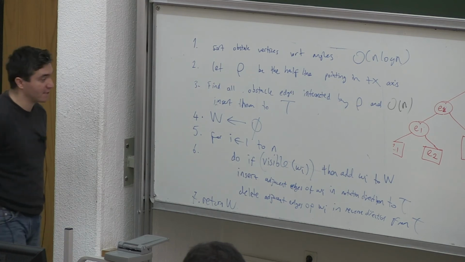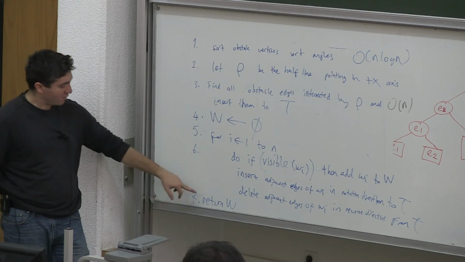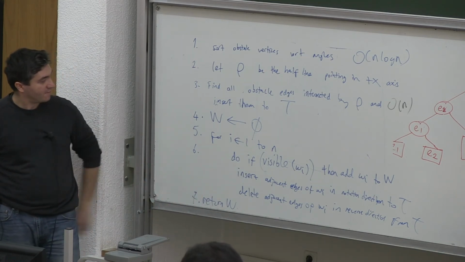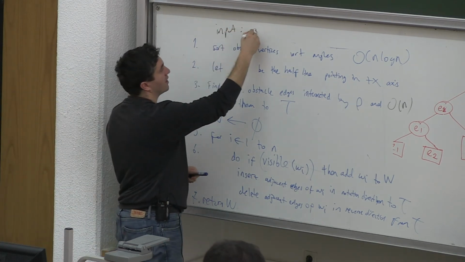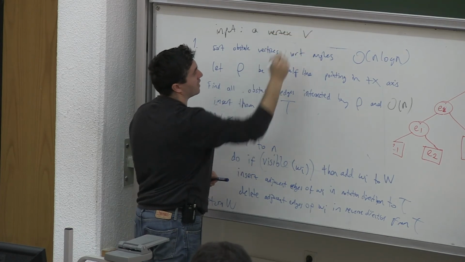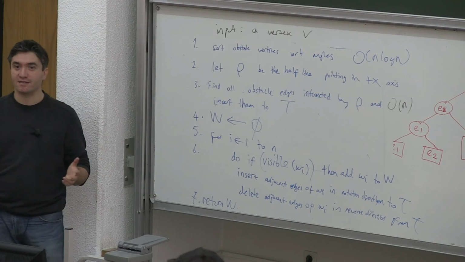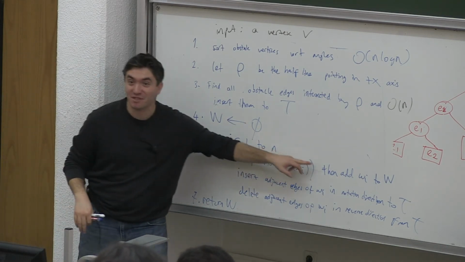So in n log n time, we'll be able to determine the set of all vertices visible from an input vertex V. Now, the only thing remaining to complete our discussion about visibility graphs is this function, visible wi.